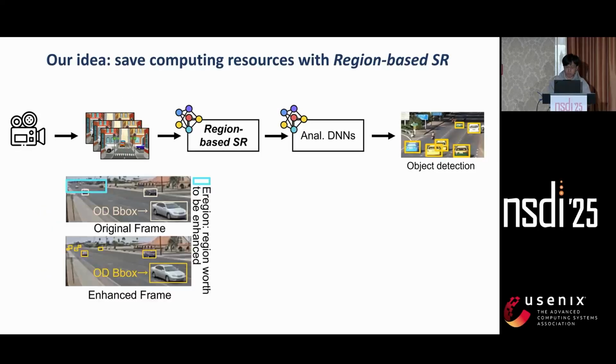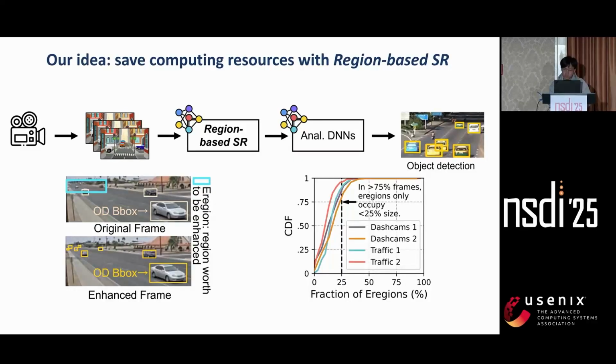But we found that video streams have significant spatial redundancy, where only specific localized regions require high resolution analysis. These regions are termed E-regions, enhancement-worthy regions.